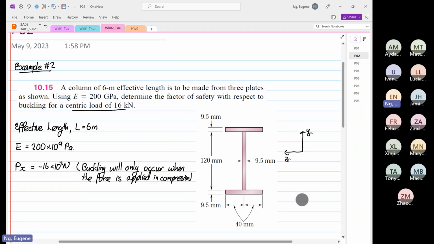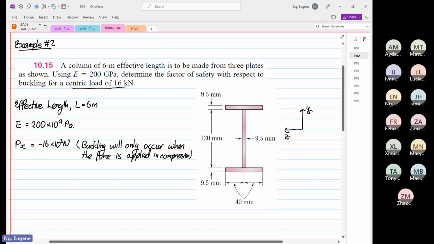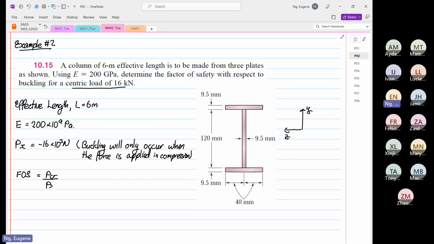So what we are going to calculate is a factor of safety, which is equal to P critical over Px.